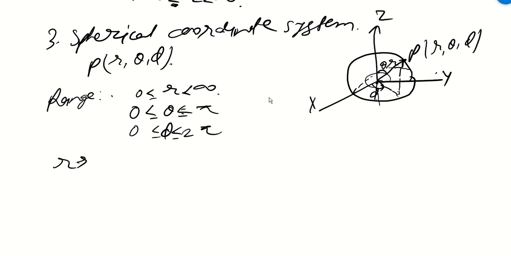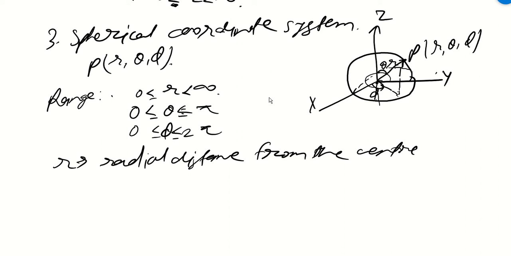So r is the radial distance from the origin, from the center of the sphere. I am taking it as from the origin, right? Because in a coordinate system, we can keep the center of the sphere at the origin.